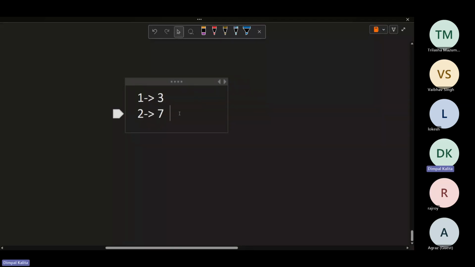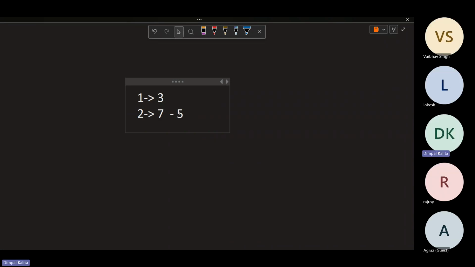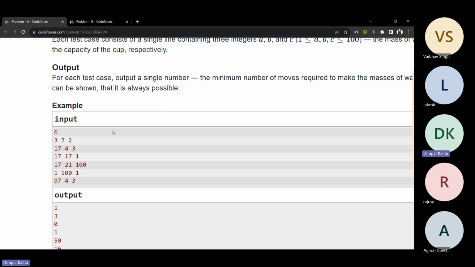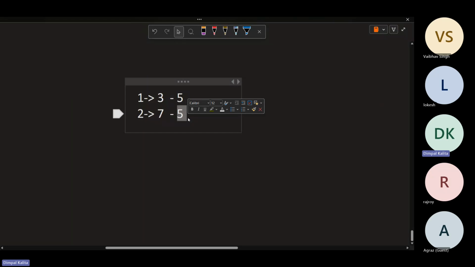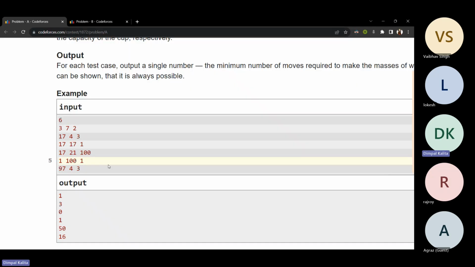The amount of water in the second vessel will be 5, and 2 grams get added to the first vessel, so it will also be 5 after the operation. So the minimum number of operations is 1.